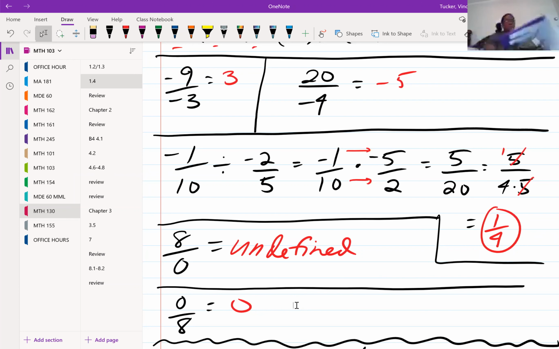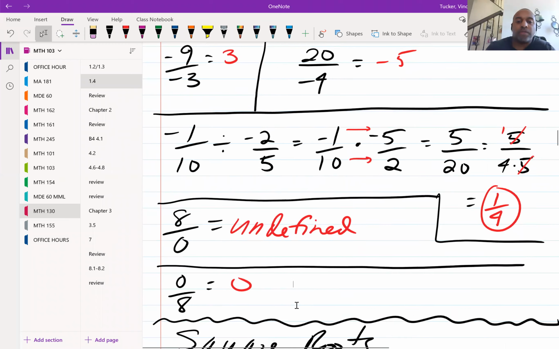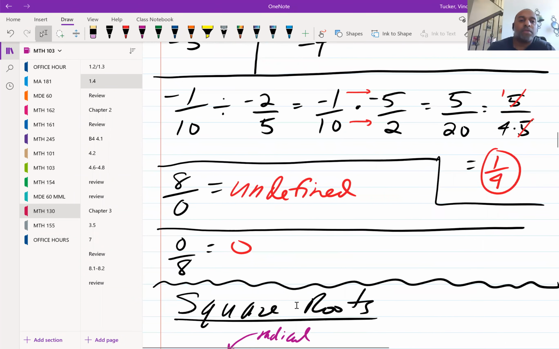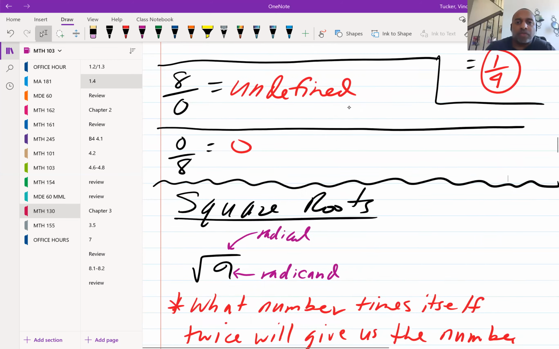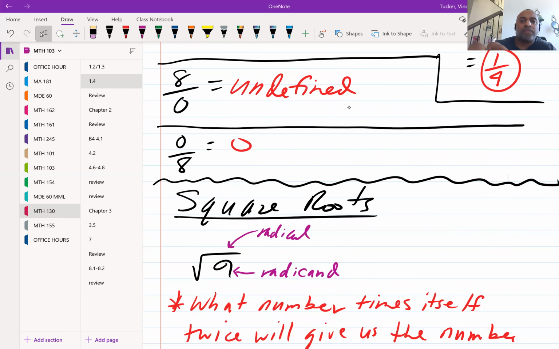All right. Any problems? All right. So next we're looking at square roots.